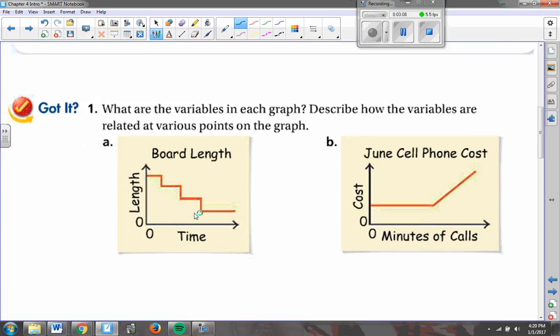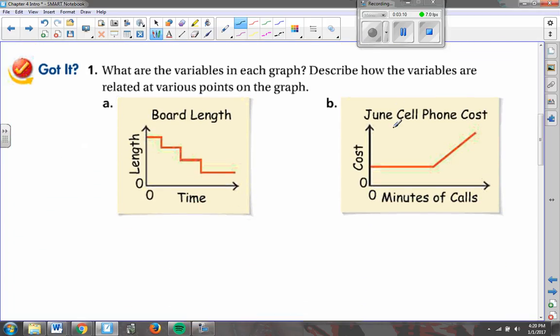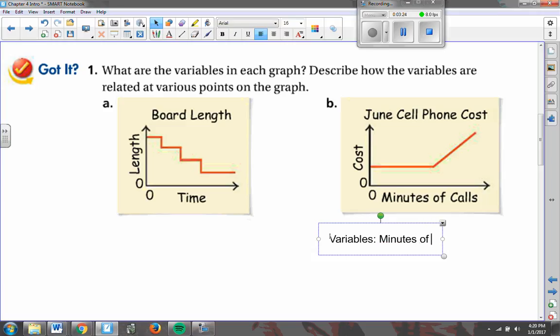Okay, let's do letter B together, and then I think you can do letter A pretty easily. So in letter B, again, we're going to tell them what the variables are in this graph or in this situation. The variables here are minutes of phone calls and the cost of my cell phone bill.